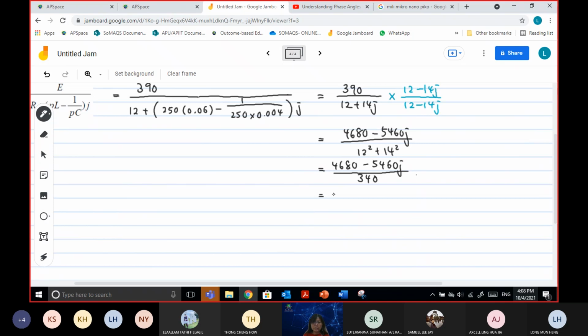When I write it in fraction form, this is what I get. Then you need to find the polar form, so as usual, find the R.